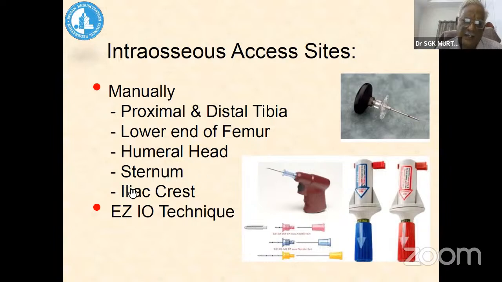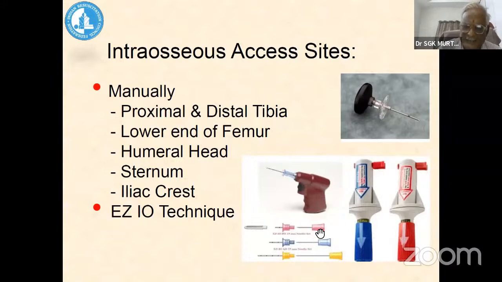Then the iliac crest, from the anterior superior iliac spine to the posterior superior iliac spine, anywhere we can get it. And this arrow is the EZ-IO technique. This is the drill, by means of which we can directly drill the bone and get the line, and later we can connect the 3-way with extension, and take IV fluids or any drugs, and we can do sampling.